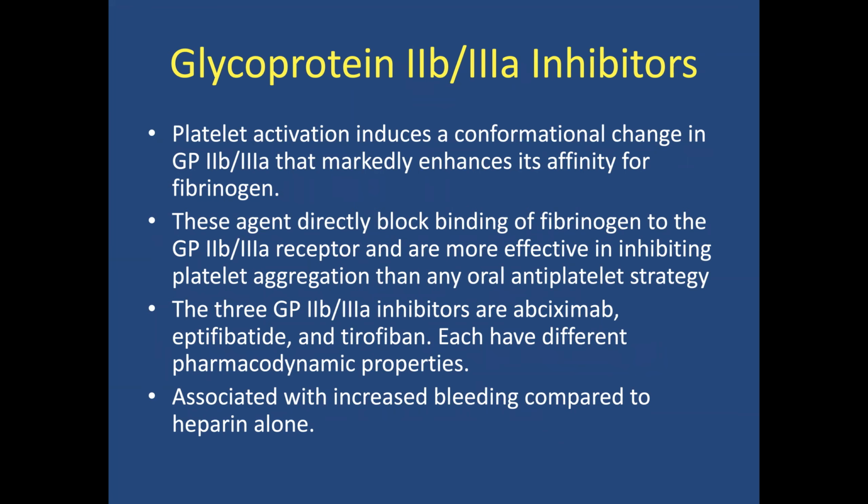So these agents, eptifibatide, tirofiban, and abciximab, all block this. They are very effective in inhibiting platelet aggregation, far more so than the oral antiplatelet agents. Tirofiban is typically the one that we use here. They each have different pharmacodynamic properties, but they are associated with increased bleeding.